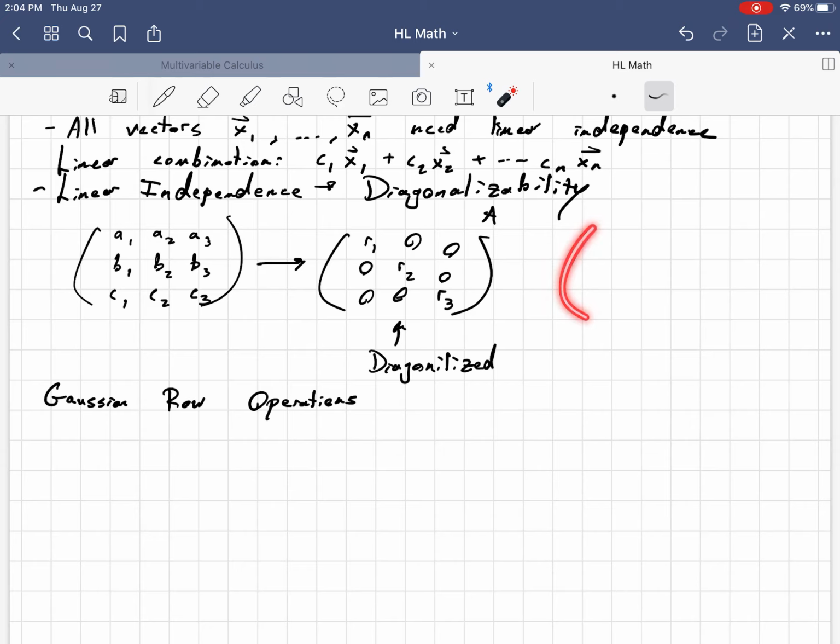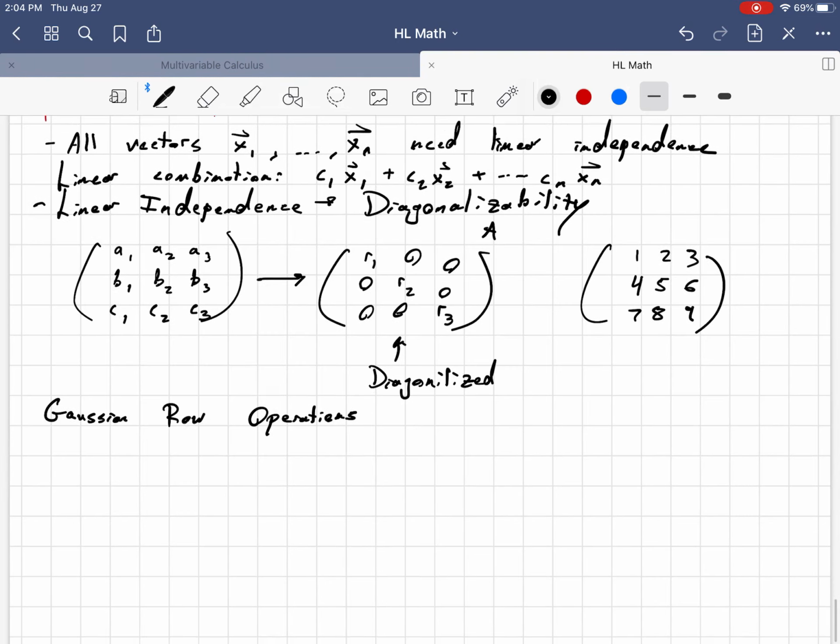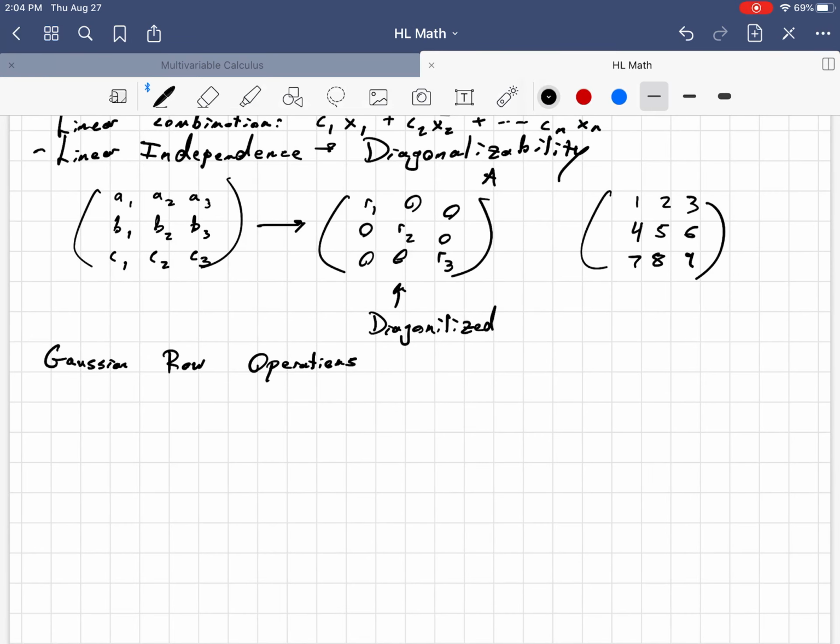So for example, if we have this matrix, 1, 2, 3, 4, 5, 6, 7, 8, 9, and let's say I add 2 times row 2 plus 3 times row 3 to row 1. So row 1 is going to go to 2 times row 2 plus 3 times row 3 plus row 1 itself.